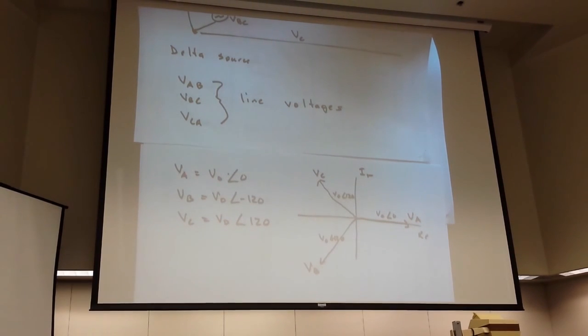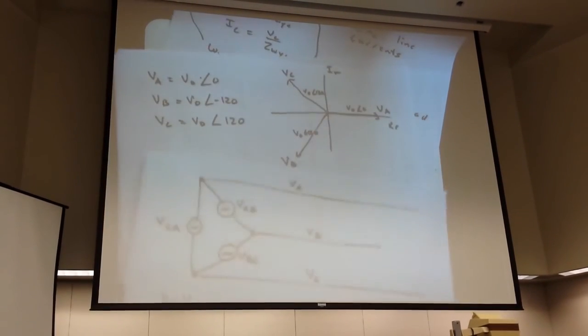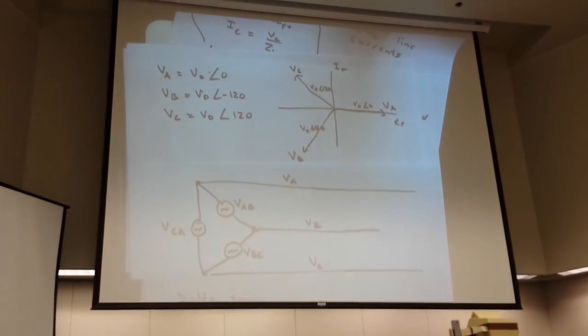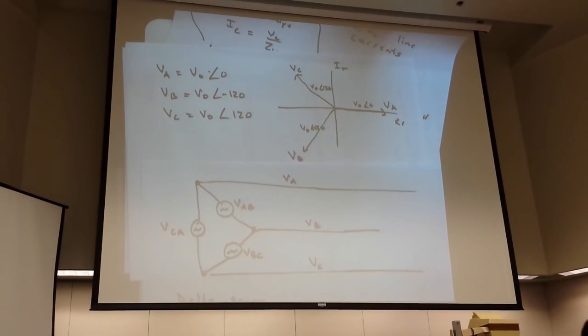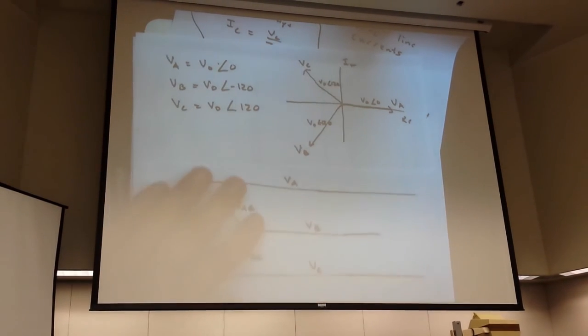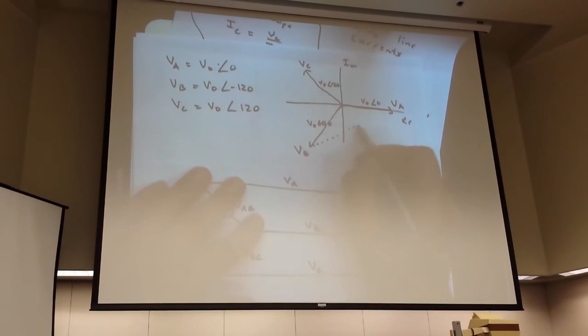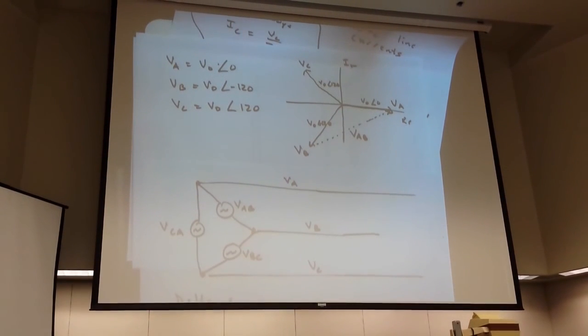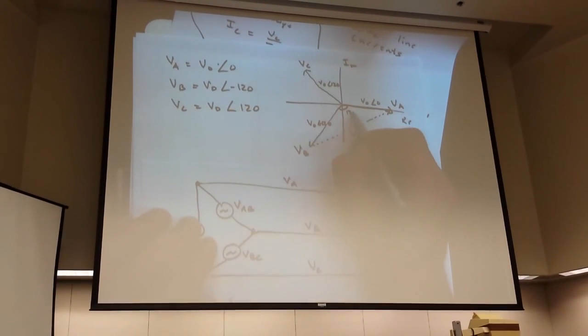Well, in our configuration here, VAB is the voltage between lines A and B. In this case, this is the definition of VAB. The voltage at B minus the voltage at A, points from B to A. Well, this is some trigonometry here, that's 120. And these are bisectors, so that's 30, and that's 30.